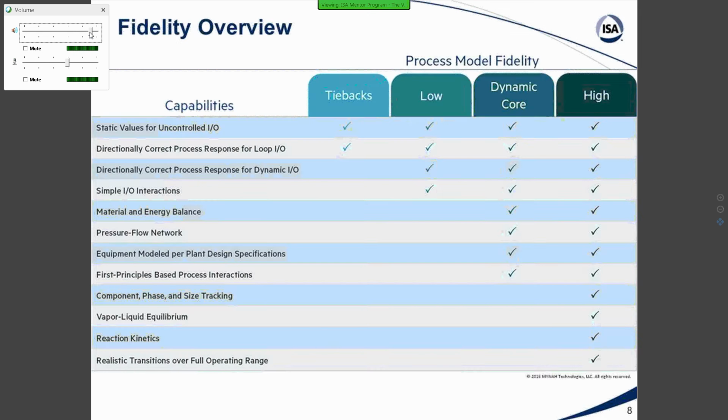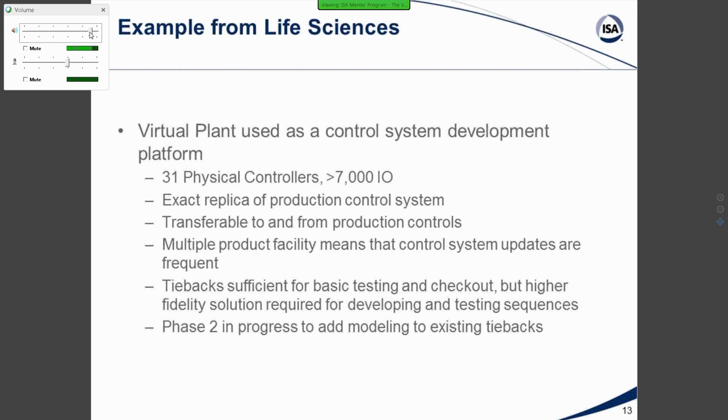But what they needed was some way to test their control systems, specifically their batches, in an offline environment and port that over to the production system. And they have to do this frequently because they're a multi-product facility. So they're continuously making adjustments to product and then porting those over to the live production system.